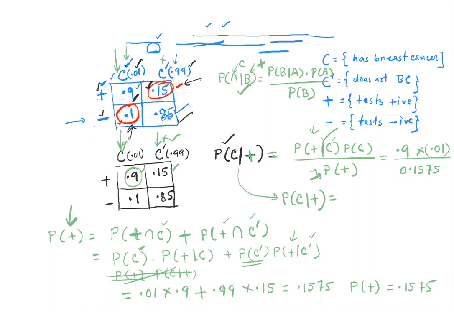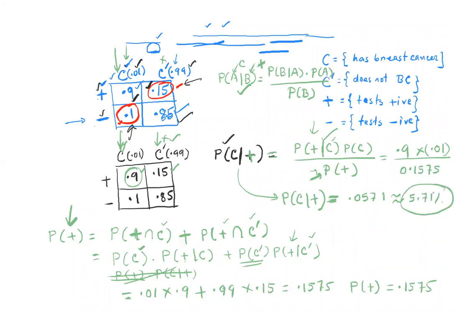That is going to be equal to 0.9 times 0.01 divided by 0.1575. It comes out to be approximately 0.0571, or approximately 5.71% chance.